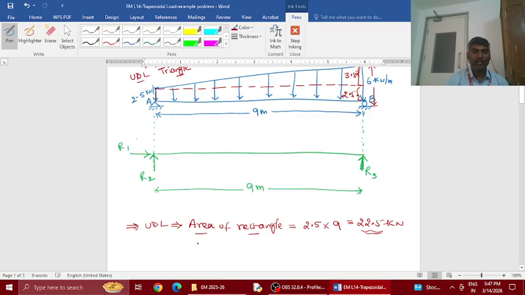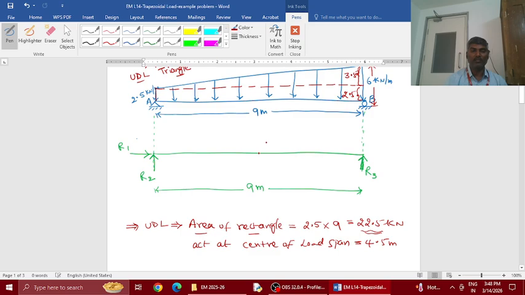This will act at the center of the load span. Here the load span is 9 meters, so it will act at the center, which means half of 9 meters.